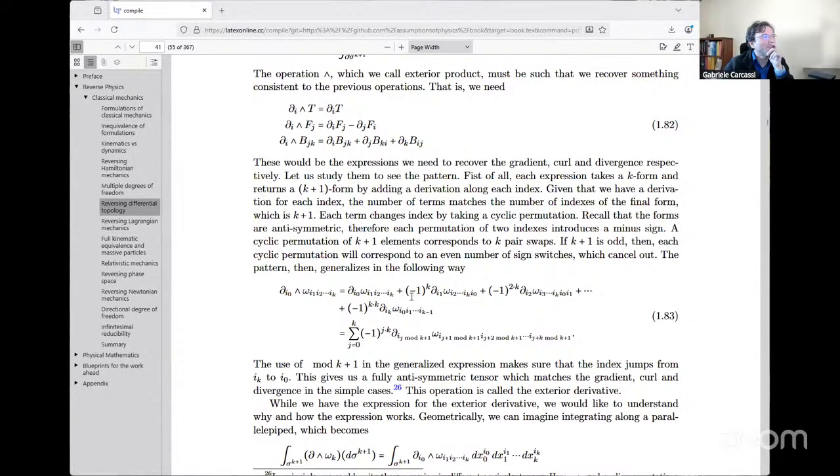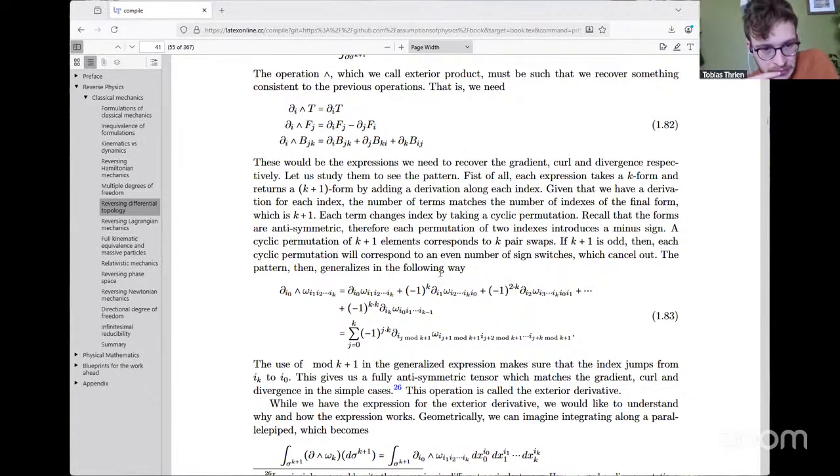If you see what's going on, you start with everything ordered from 0 to k, and then you start shifting to the left. The 0 becomes the 1, the 1 becomes the 2, and the 0 gets added to the end. And then you keep doing it until you get all the permutations, and you always have a minus sign in front that gets multiplied and multiplied, because you're going to switch the parity.